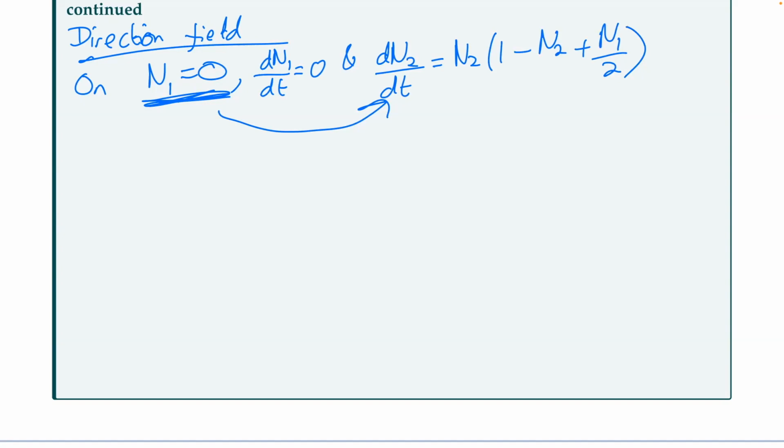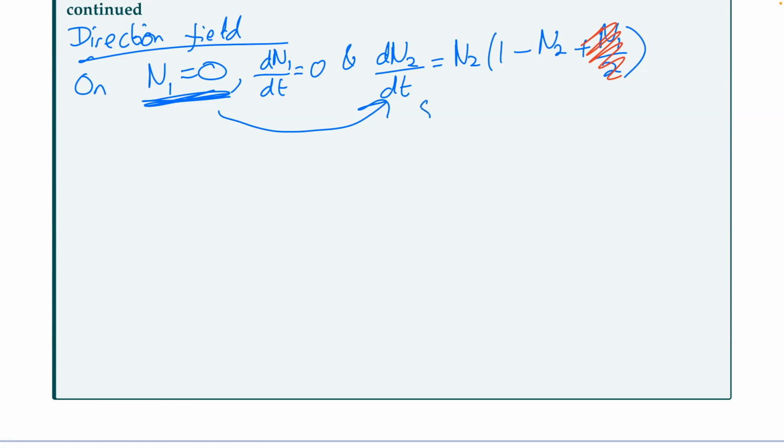We know n1 is equal to 0, so we can eliminate this n1 here. So we have dn2 dt is equal to n2 times (1 minus n2). And what we care about is when is dn2 dt positive and when is it negative, depending on the variables on the right-hand side.